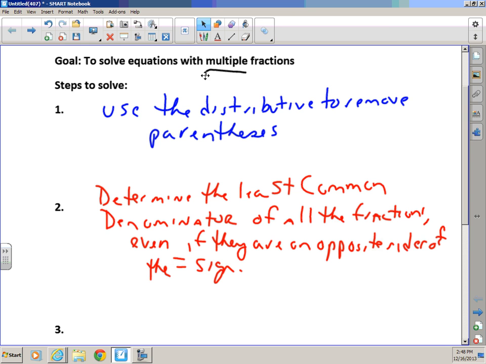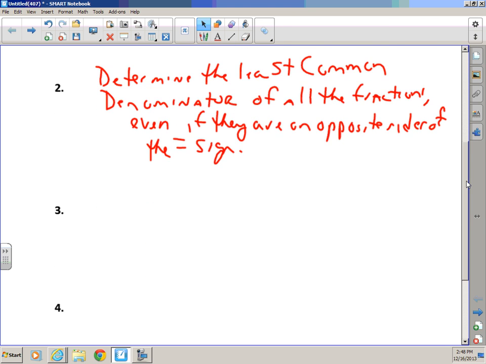And again, like most of this, when we walk through some of the examples, it'll be a little bit clearer. Okay.